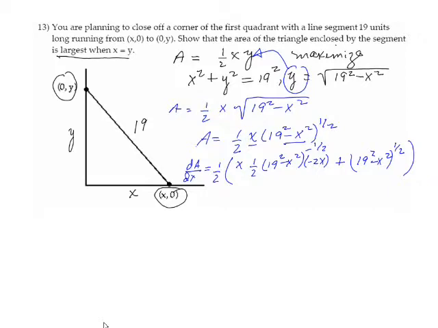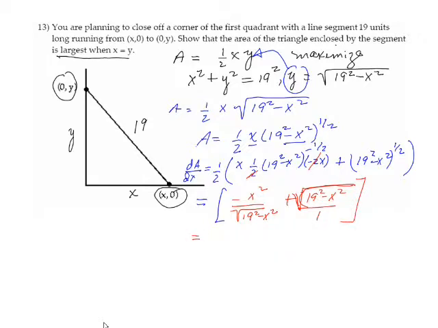We now get that dA/dx is equal to, simplifying, notice you can cancel out the 2's here, and we're going to get minus x squared over the square root of 19 squared minus x squared plus the square root of 19 squared minus x squared, all divided by 1.